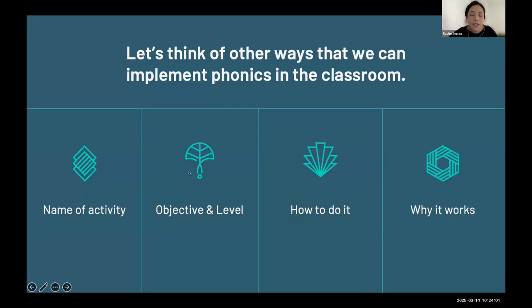Another great way to practice fluency and clarity is tongue twisters. I use tongue twisters a lot with my learners. It's a great activity, especially with young learners, even adults.